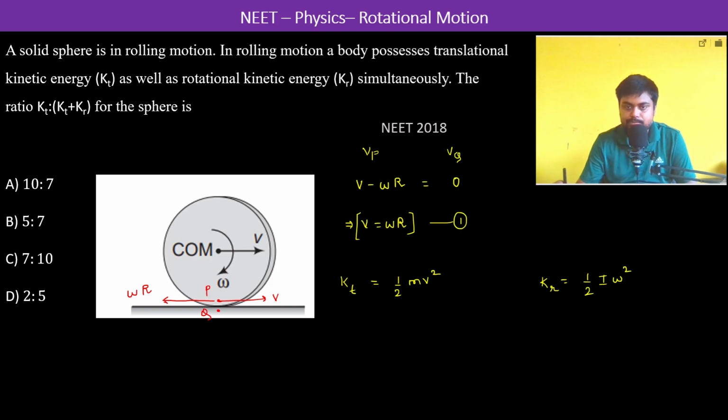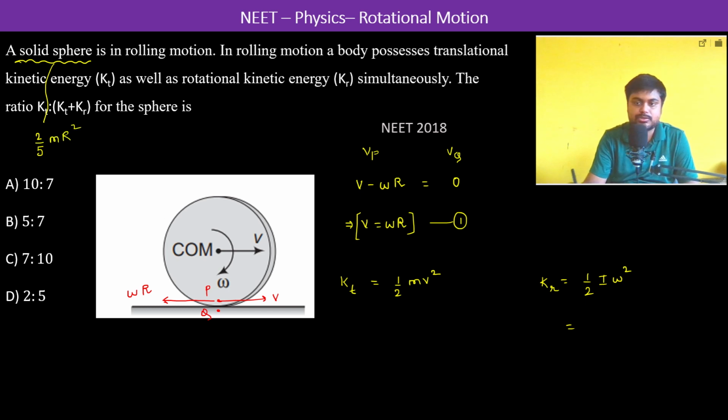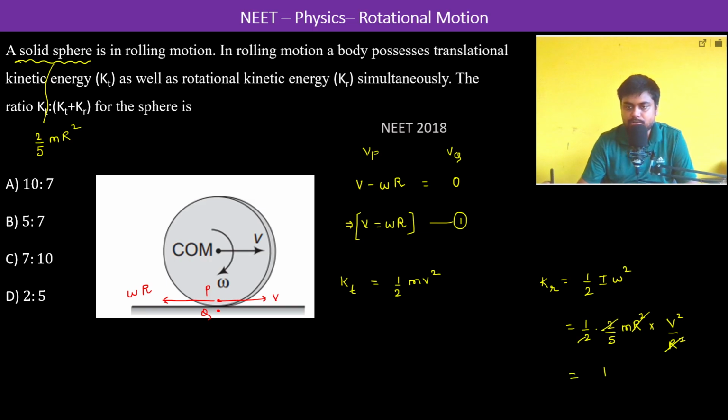This is a solid sphere, so the moment of inertia is 2 by 5 m r square. Therefore half into 2 by 5 m r square into omega square. Omega square is v square by r square, so the r square is gone. So this is 1 by 5 mv square.